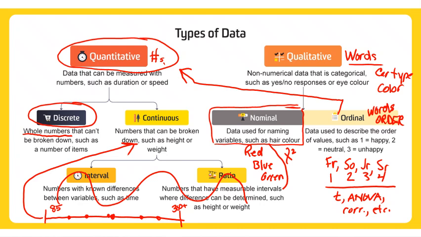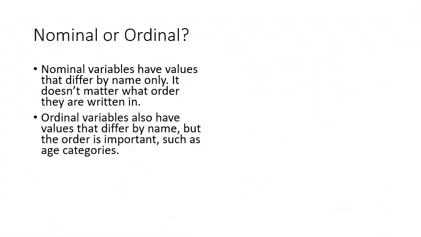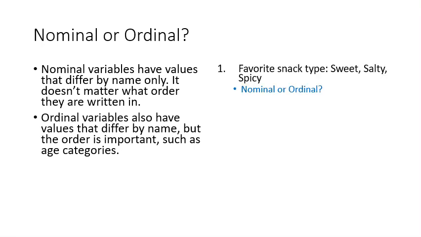So here are some examples where we just distinguish between nominal and ordinal. And of course, remember, nominals differ by name only. Ordinal are also verbal answers, but the order makes a difference. Favorite snack type, if I give you the options of sweet, salty, or spicy, we would consider this a nominal variable.